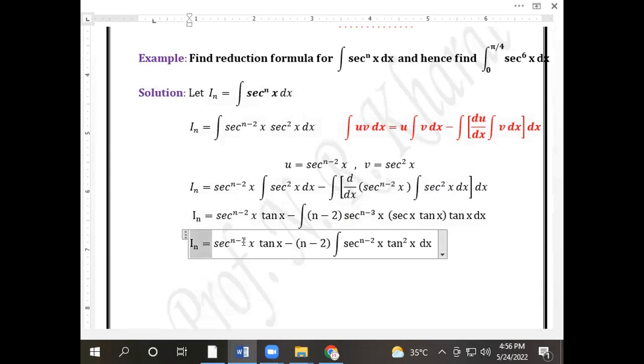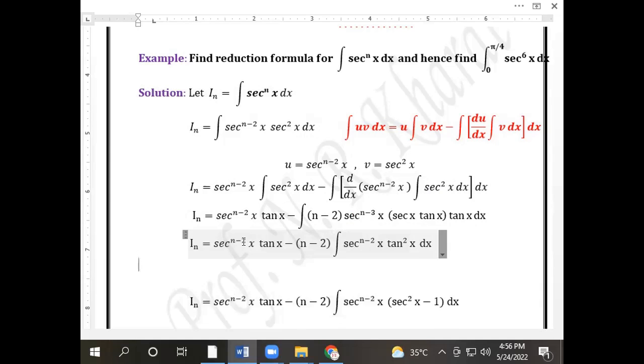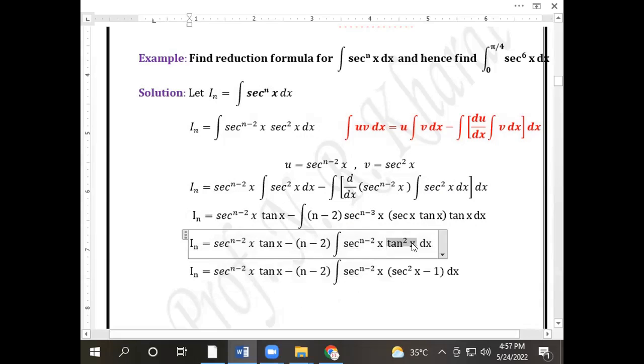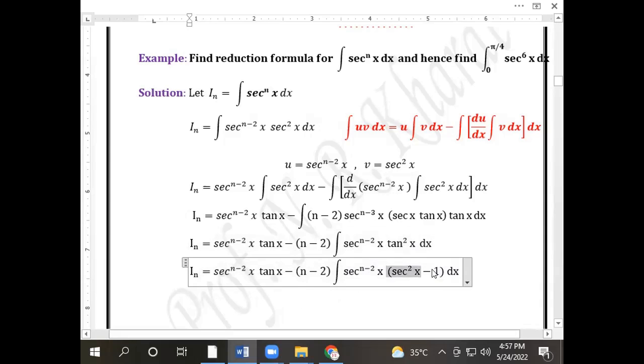So I n becomes sec raised to n minus 2 into tan x, minus n minus 2, which is a constant outside the integration, with index of sec n minus 2 and tan square x. Again, we know that tan square x is nothing but sec square x minus 1. We are replacing tan square x by sec square x minus 1, dx.